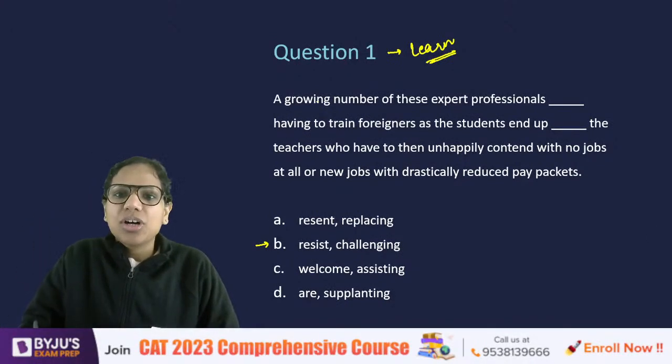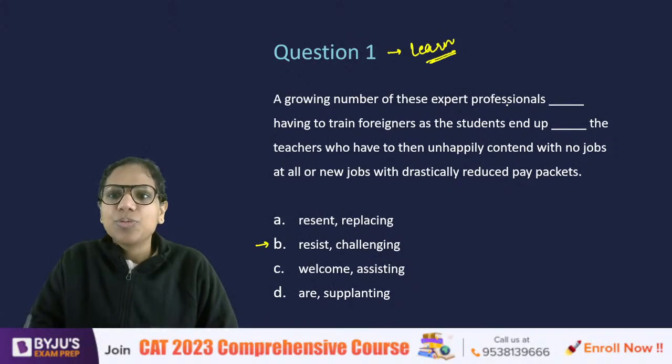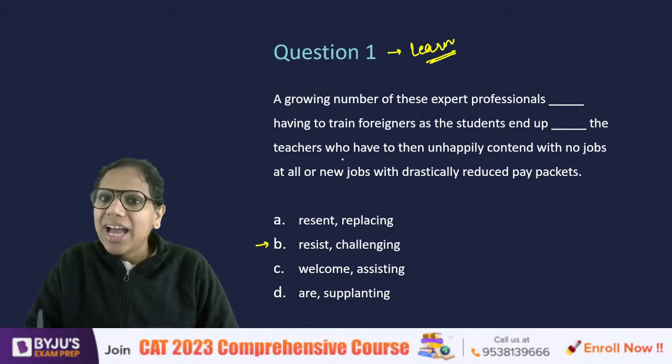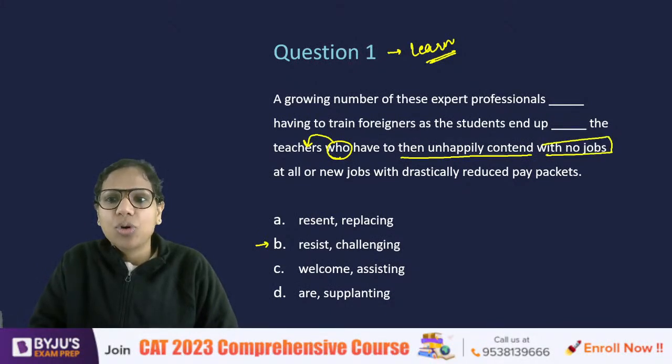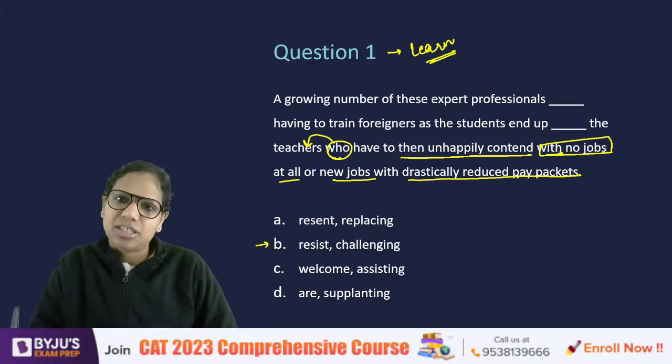Okay, so a growing number of these expert professionals dash having to train foreigners, as the students end up dash the teachers who have to then unhappily contend with no jobs, or new jobs with drastically reduced pay packets.